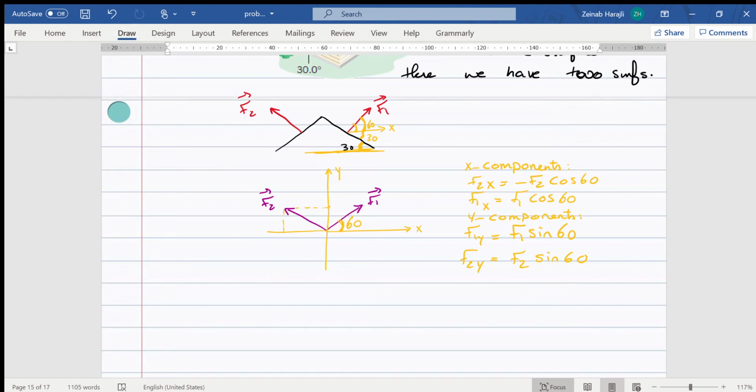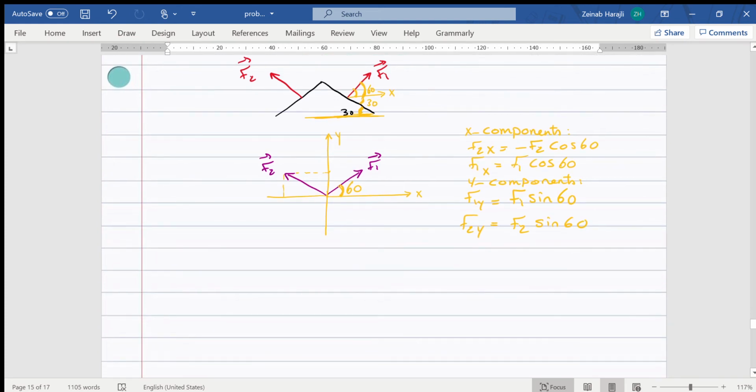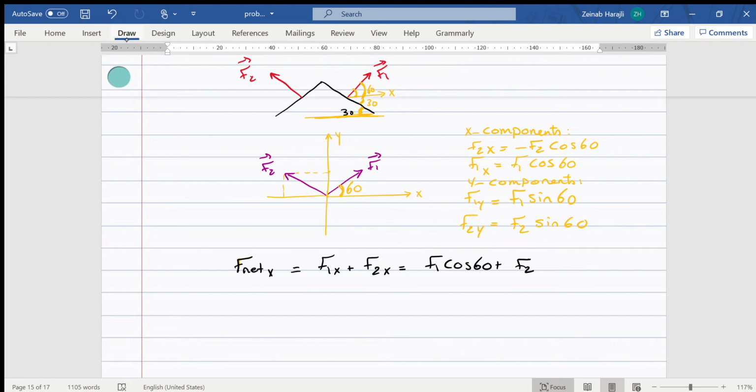Now, if we think about finding the resultant, all we have to do is find F net along x, and this will be F1x plus F2x. So this is F1 cosine 60 plus F2, actually this is a minus because we said that the x component of F2 will be negative.